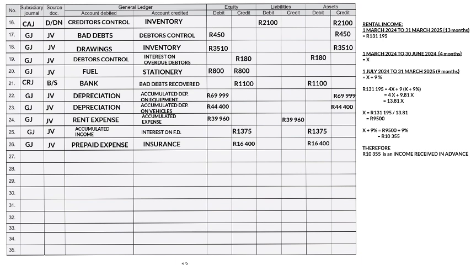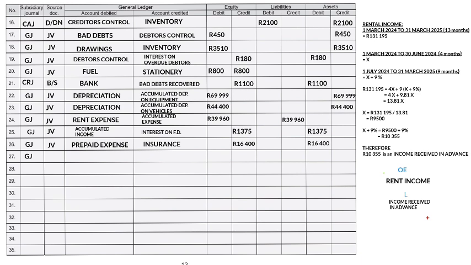Let's put this onto our worksheet. The 2 ledger accounts involved are rent income and income received in advance. Rent income is classified as owner's equity, and it will have a negative effect. Income received in advance is classified as a liability, and it will have a positive effect. The journal involved is our general journal.